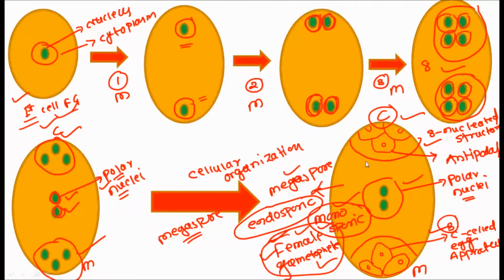And later, after the cellular reorganization, the antipodal cells are set at the chalazal end, while the three-celled egg apparatus is settled at the micropylar end, while the two polar nuclei remain at the center. This whole structure is called the female gametophyte. As the whole female gametophyte is created from one functional megaspore, such a development is called monosporic development. All right.